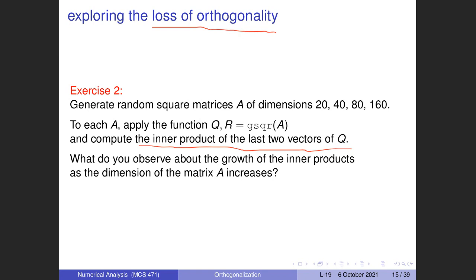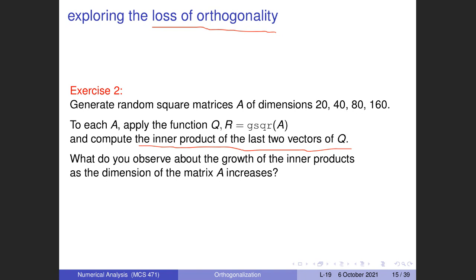So in doing this experiment, you copy this function in a cell in a Jupyter notebook. You run the function for the dimensions given here, and you will observe that the inner product of the last two vectors, as you select them from the output of Q, actually does increase.